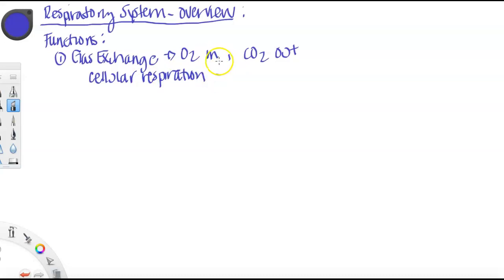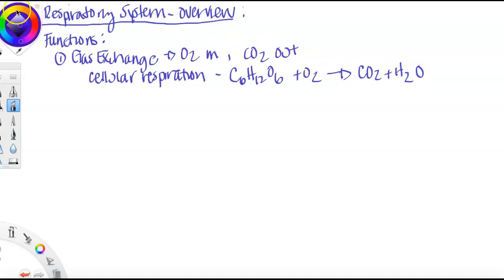So if you remember that reaction, so we know this is glucose, and if we add oxygen, then we get carbon dioxide, some water, and ATP. All right, so we need the oxygen to do this, and the waste product is CO2, so we got to be able to get rid of that as well.